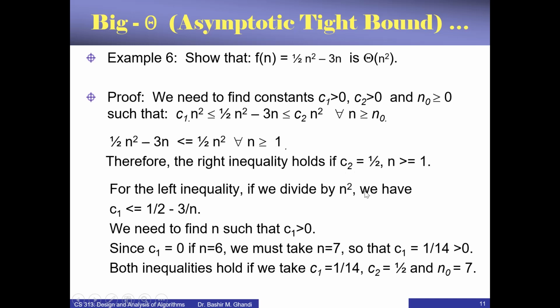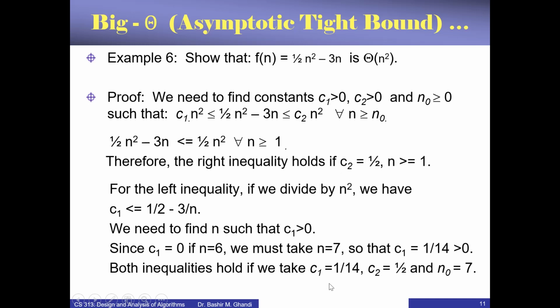The issue now is n naught. n naught can be true in the first case when n is 1, and in the second case when n is 7. So we cannot take the 1, we have to take the 7. If it is true for 7, definitely it is true for 1, but not the other way around. This is the point.